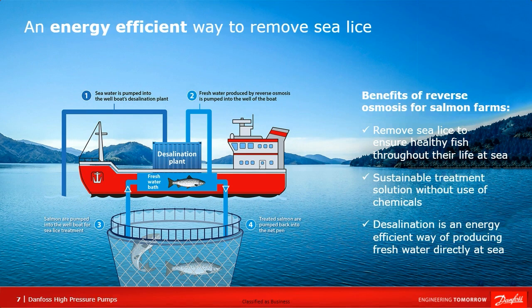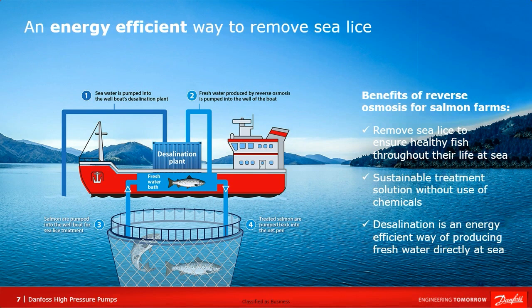In the desalination plant, the freshwater is produced by this process I just described, which is called reverse osmosis, and is pumped into the well of the boat. Here you have this large freshwater bath, as we have called it here on the picture, and then you pump the salmon from the open net pens out in the water into this, where the fish are then in the freshwater.